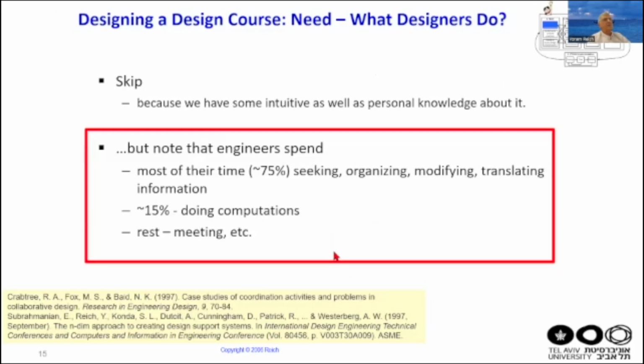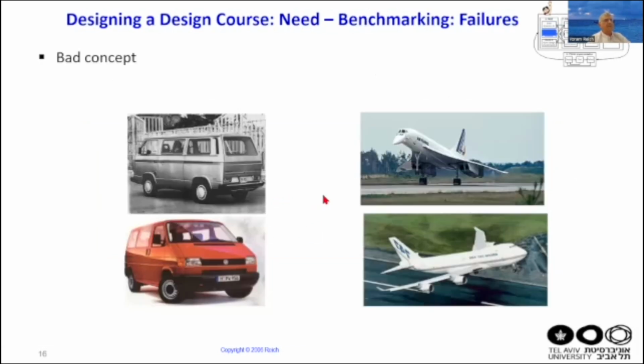So for example, what we know that engineers do is they spend a lot of their time seeking, organizing, modifying information, not just doing what we think of as engineering. We know that engineers make a lot of mistakes. They generate bad concepts, for example, the Concorde or this Volkswagen compared to the new Volkswagen and the Jumbo.